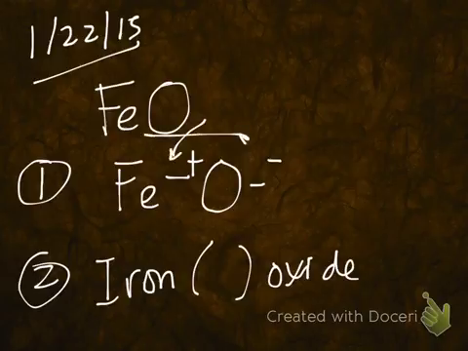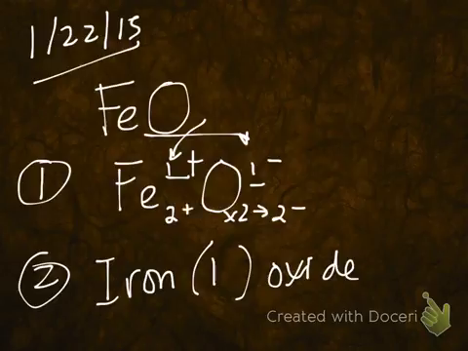And if we take these, we get a 1 and a 1. Except that raises an alarm bell, because oxygen doesn't form a 1 minus compound. So this had to be times 2 to get our 2 minus, so this must be a 2 plus. So this is iron 2 oxide.